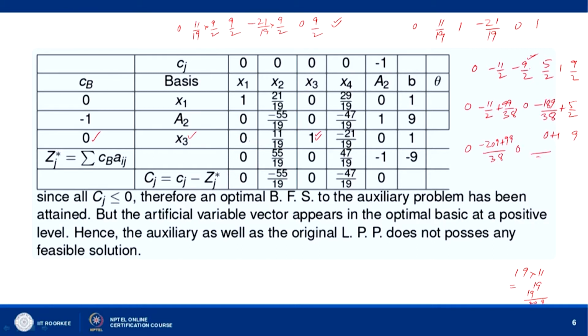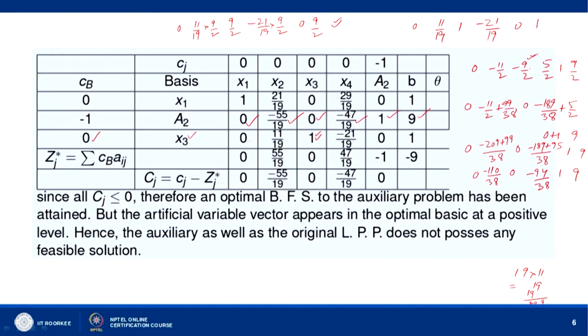Then 0, here we get 38 and minus 189, and then 19 into 5 is 95. So, what will we get? 0, minus 55 by 19, minus 55 by 19, 0. This is minus 47 by 19. This is 1. This is 9.